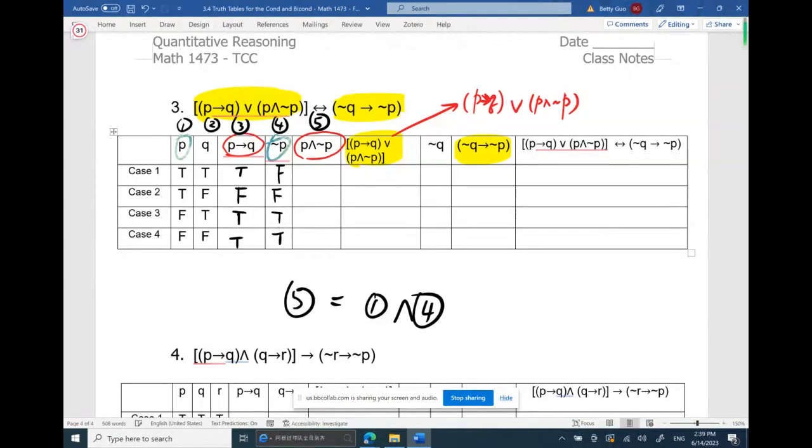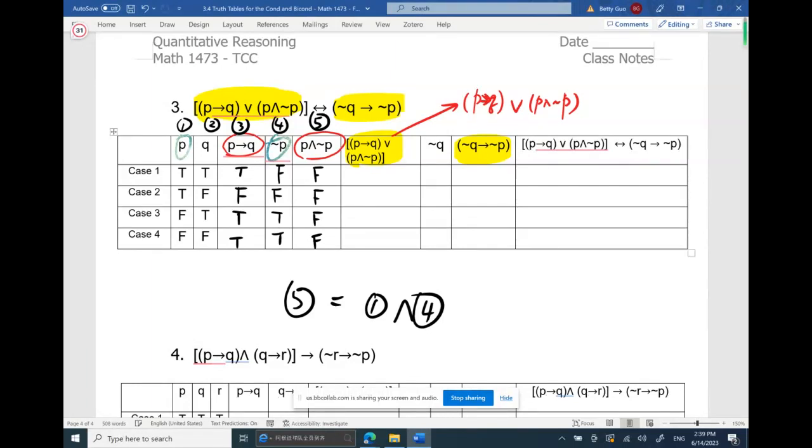For a conjunction to be true, both of them need to be true. So I'm looking at column 1 and column 4. None of them have both true, so that means this is all false.